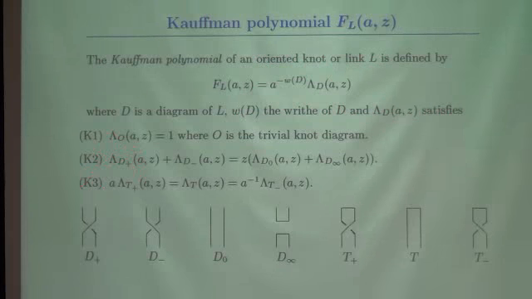So lambda of this unknot diagram is equal to 1. And if D plus, D minus, D0, D infinity differ by these diagrams at one local place, then they satisfy this equation.